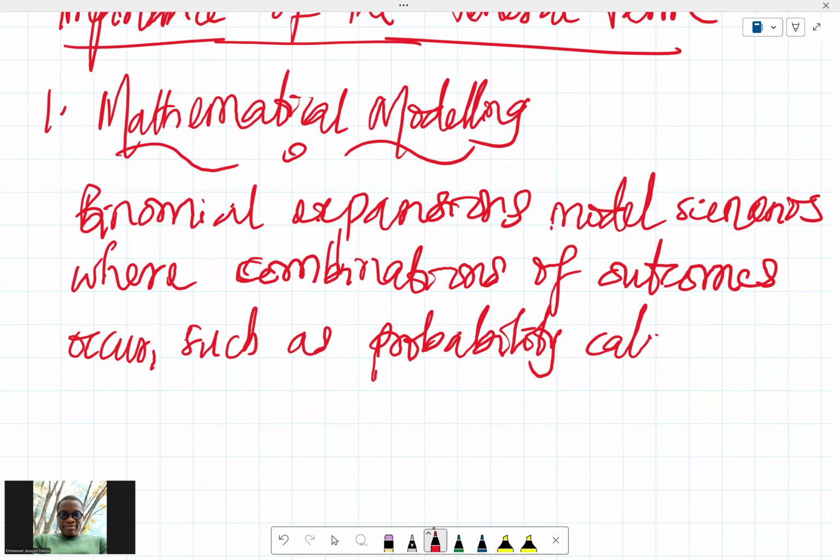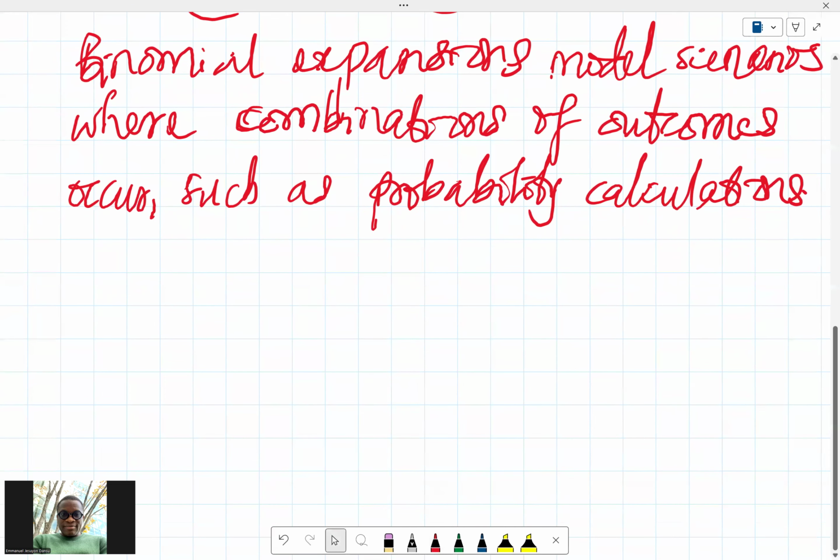So that's why that general term is important. You can use it for all these combinations that may arise in whatever you're doing.